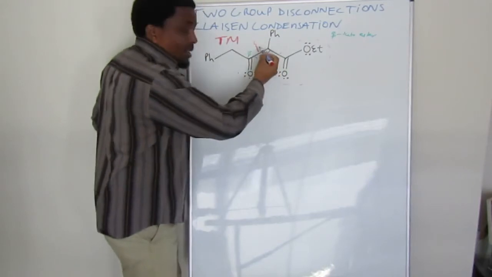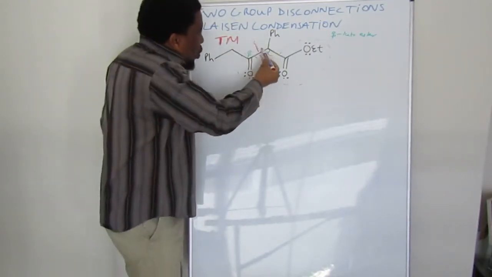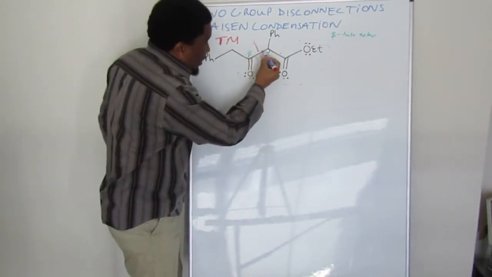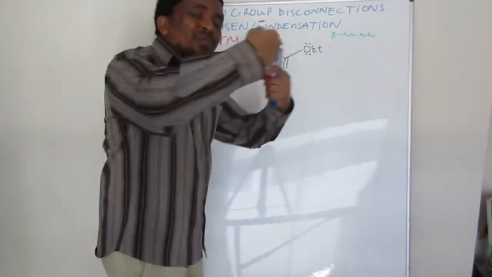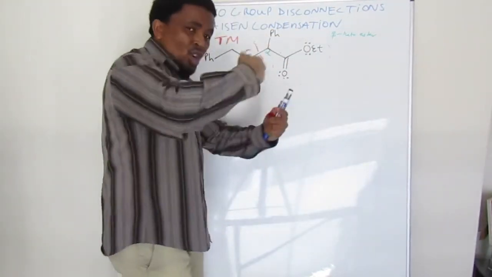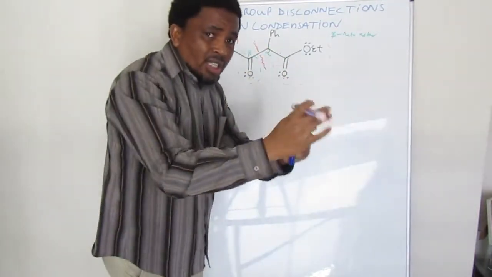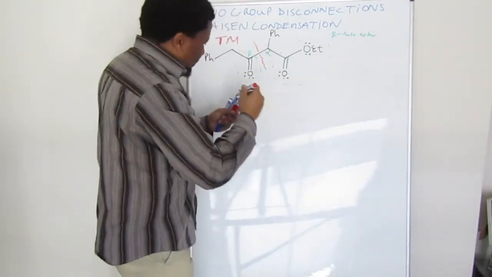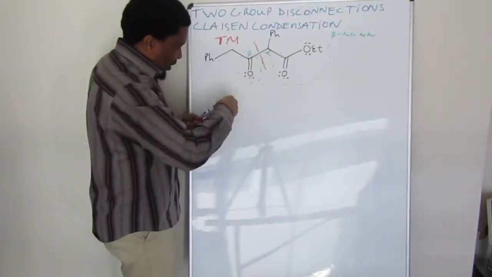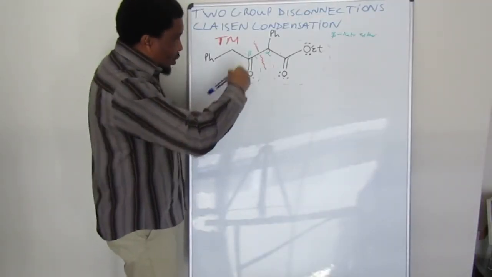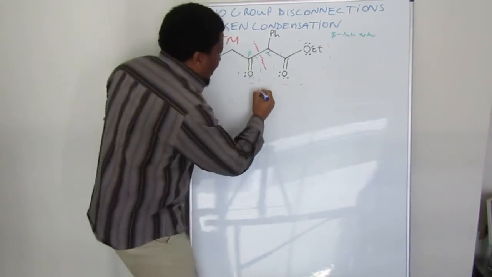This is the bond that is going to be formed in the so-called Claisen condensation type of reaction. So your disconnection is going to be here. Let's disconnect this and see what we're going to get.